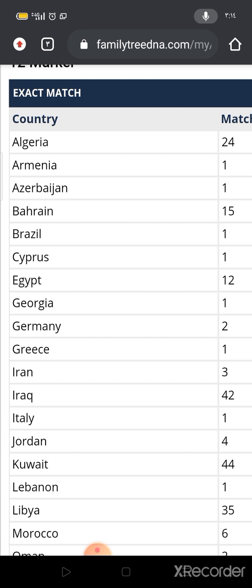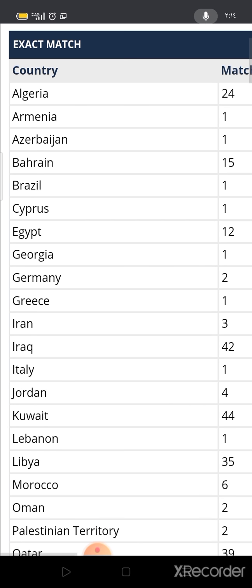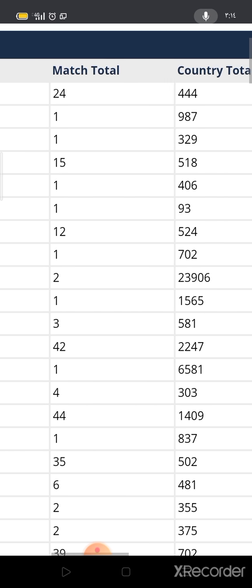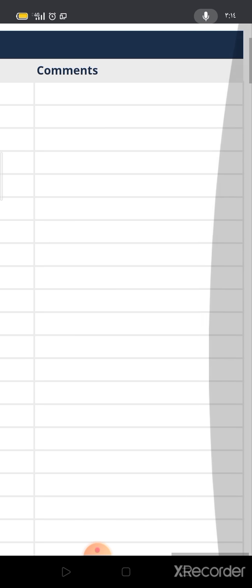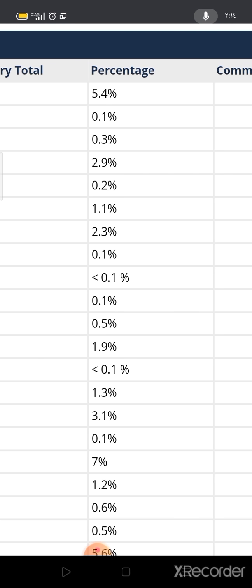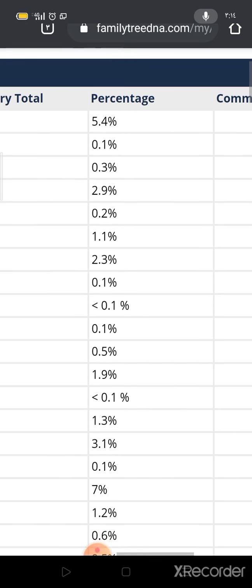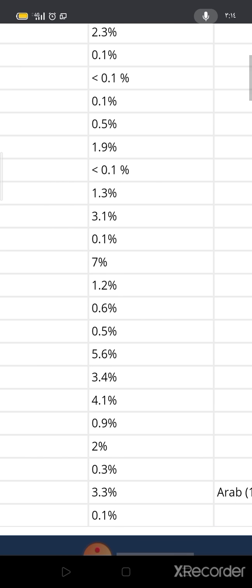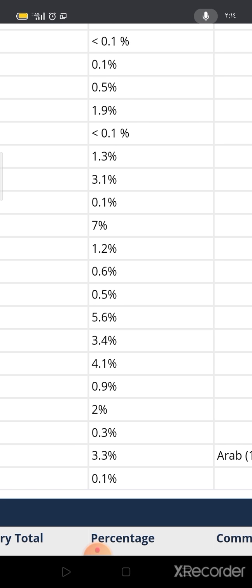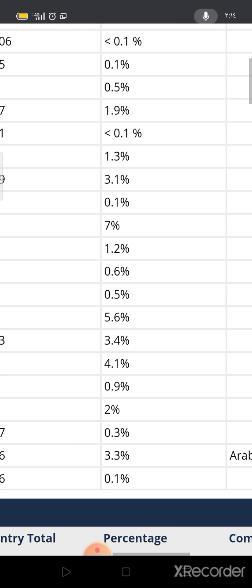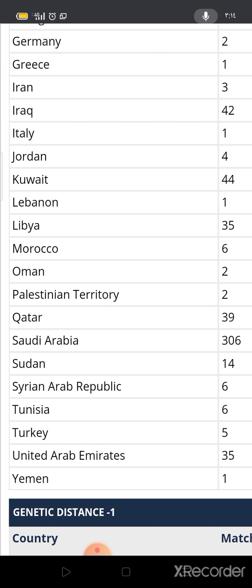So if I take the percentage, number 1 is Libya, number 2 is Algeria, and these are northern African countries which are full of Arabs, who received migrations from the Arabian Peninsula in different periods of time. Also, we have 5.6% here from Qatar. Qatar is in the east of the Arabian Peninsula.